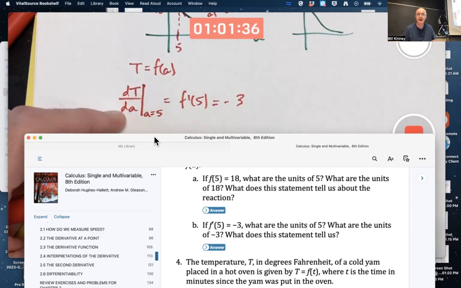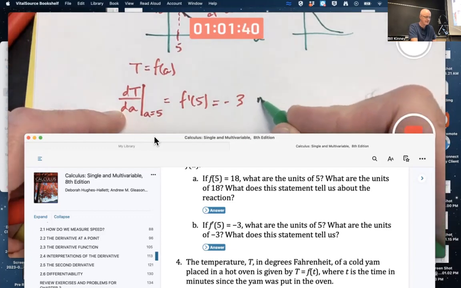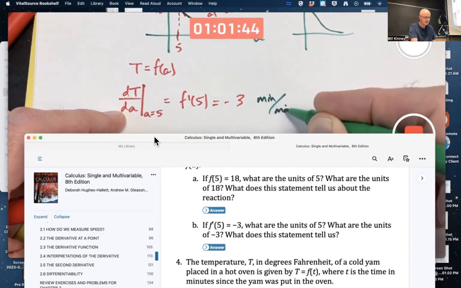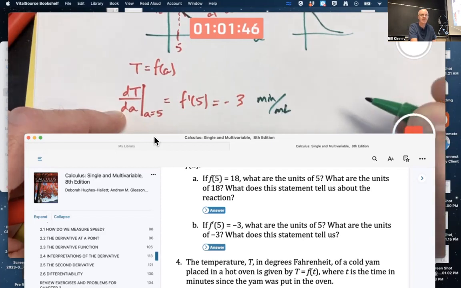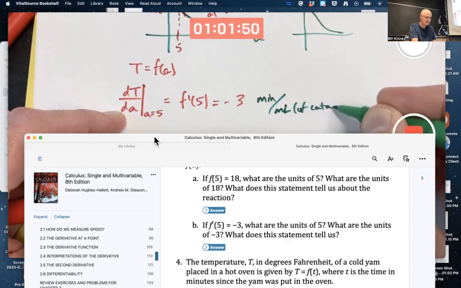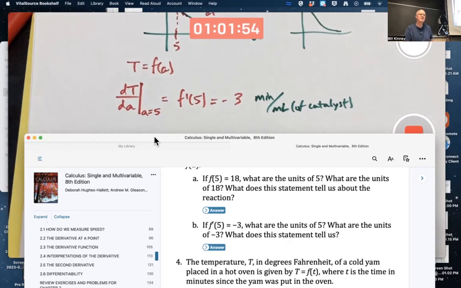Units of a are milliliters of catalyst. The units for this would be minutes per milliliter, well, of catalyst, if you want to emphasize that. -3 minutes per milliliter of catalyst.